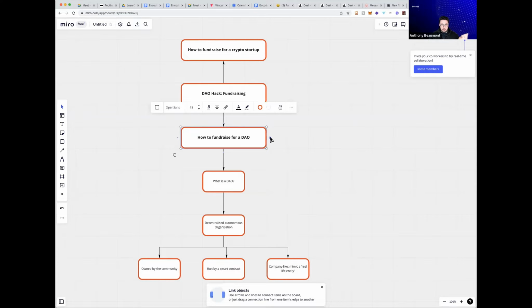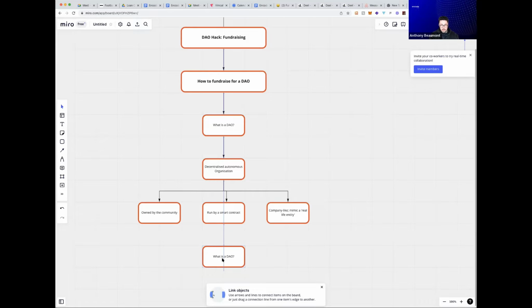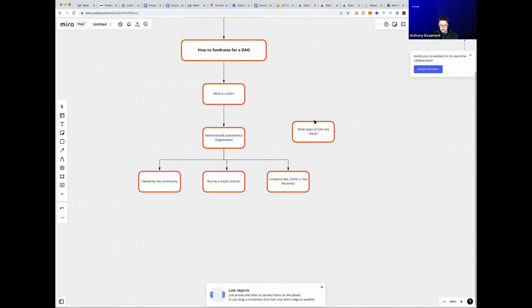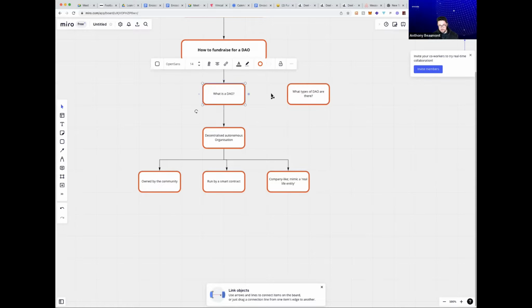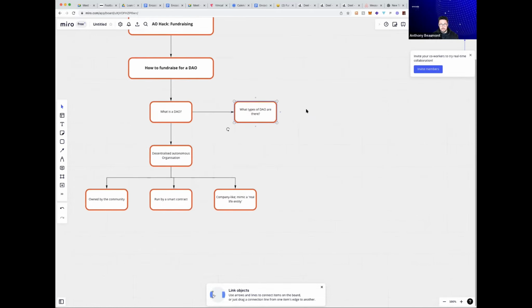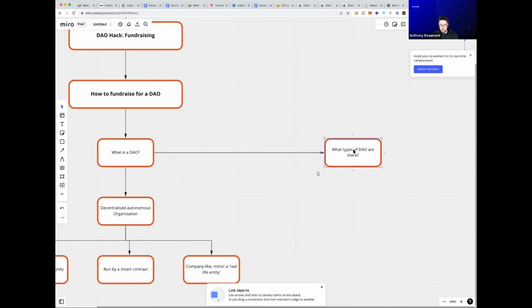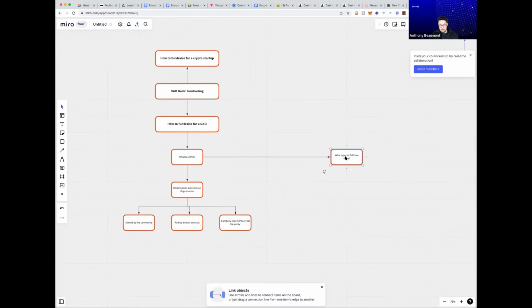So the next question is, what does it mean to fundraise for a DAO? I think it broadly means a few things. One is we have to ask what types of DAO there are. Those of you that came last week will be familiar with this. One type of DAO is the investment DAO.